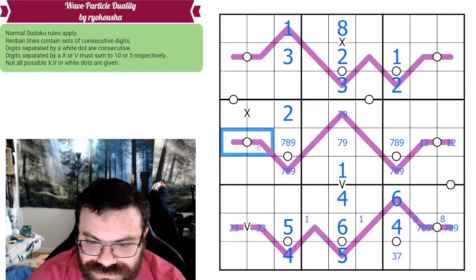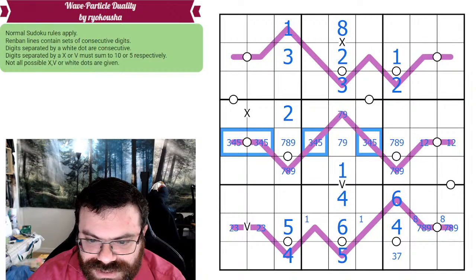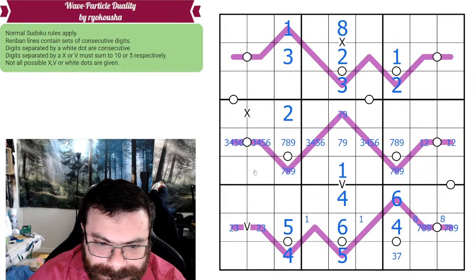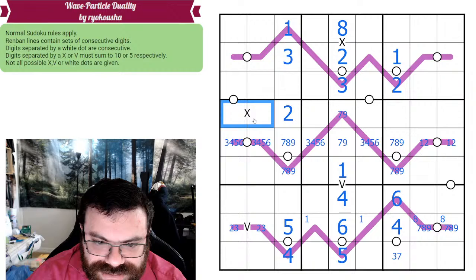This is either 3, 4, 4, 5, or 5, 6. I mean, that's obvious, but... This could be 1, 9. Can't be 2, 8. If it were 3, 7, would that work?